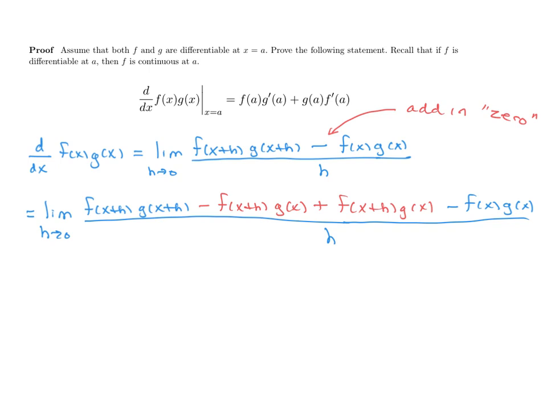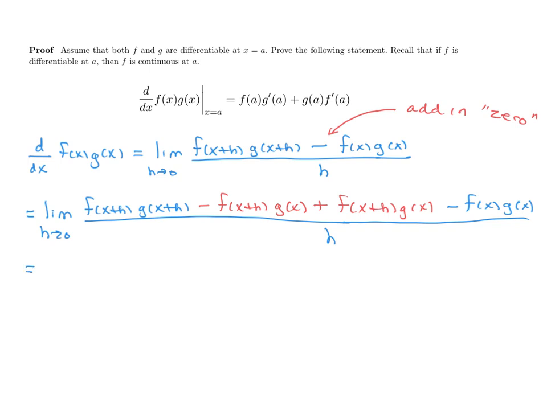Why does this help us? If you look at these first two terms, there's now a common factor of f of x plus h, which means you can factor it out. If you group these two terms together, there's this common factor of g of x, which you can factor out as well. And that's my next step.